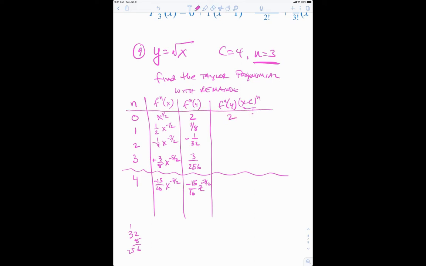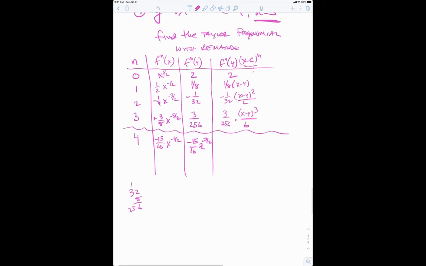So that's just 2 times x minus c to the 0 over 0 factorial times 1. This one gets multiplied by just an x minus 4. This one gets multiplied by x minus 4 squared over 2 factorial. This one gets multiplied by x minus 4 cubed over 3 factorial, or 6. We'll simplify that in a second.